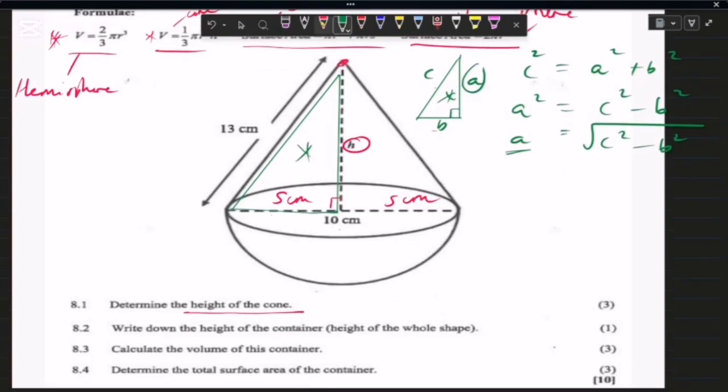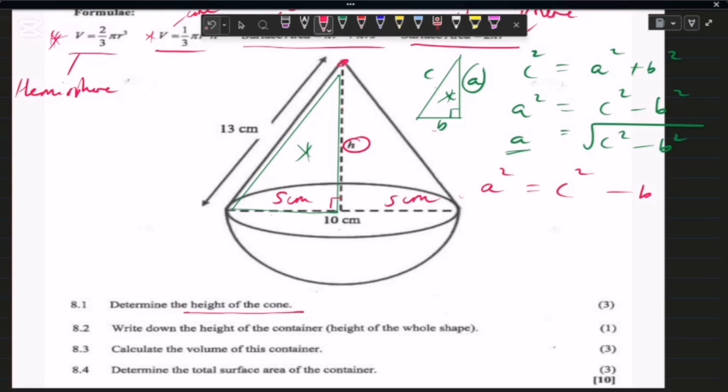Now let's do that. The first step is for us to write the theorem of Pythagoras. So we can say a squared is equal to c squared minus b squared.